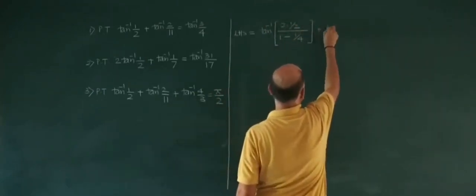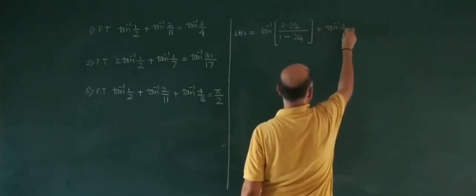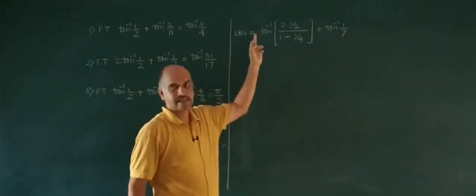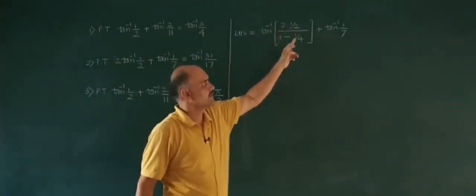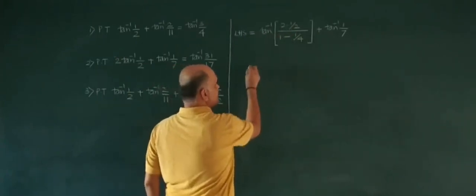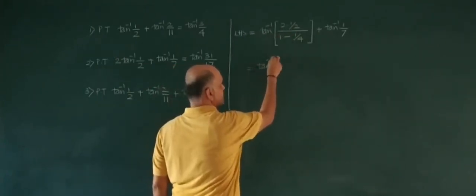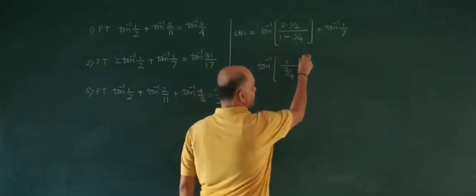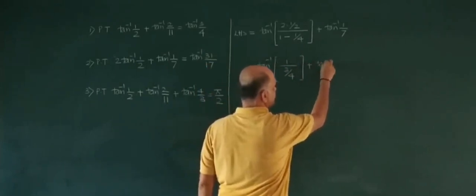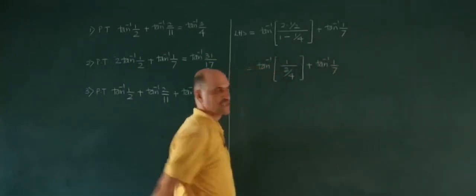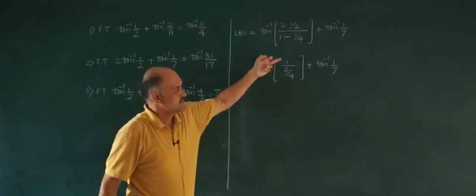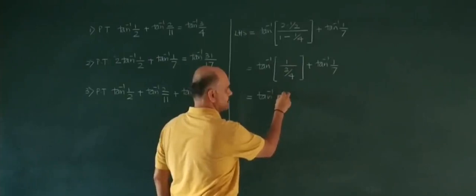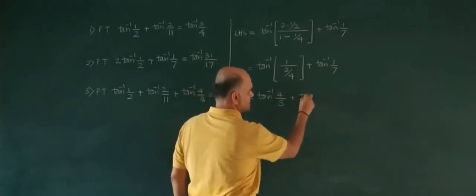Plus this term you keep as it is, tan inverse 1 by 7. If I simplify this bracket, taking LCM, 3 by 4, so this can be written as 4 by 3. So this is equal to tan inverse 4 by 3 plus tan inverse 1 by 7.